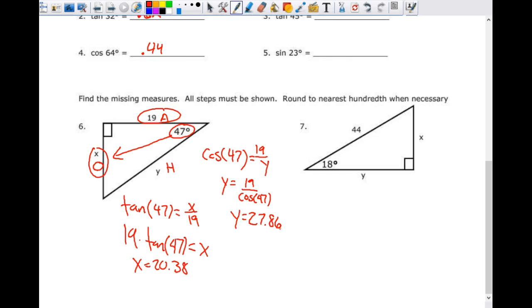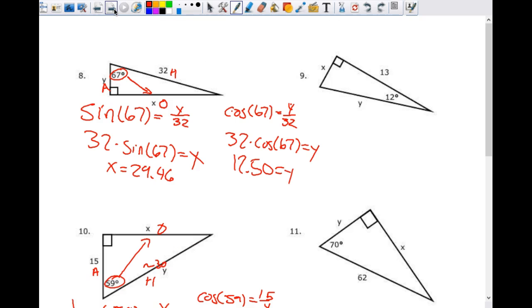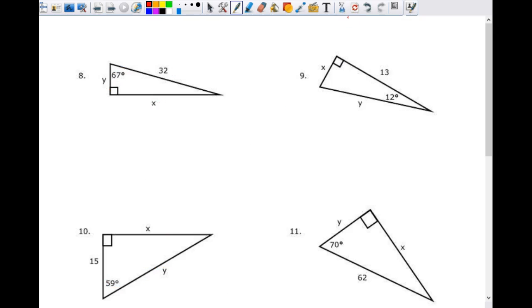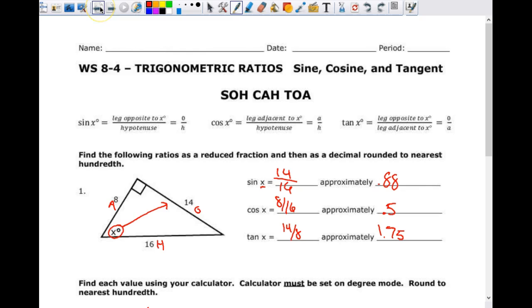We have a plan. This only lasts one or two more problems. Okay, we'll do number 7.